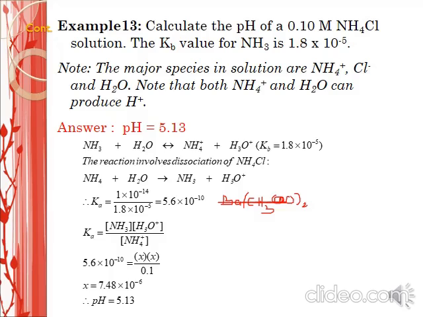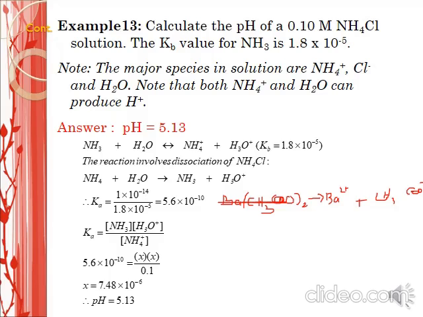First of all, when you are given a salt like this, you write the dissociation of the salt. So it will dissociate into barium 2+ and CH3COO minus.